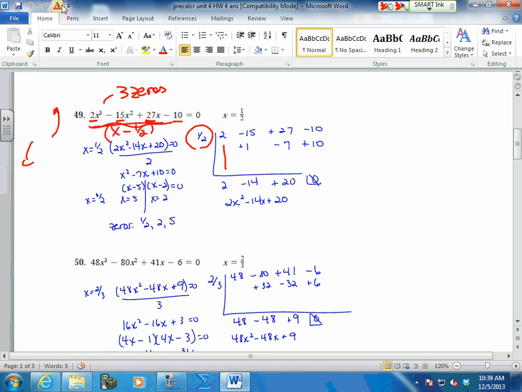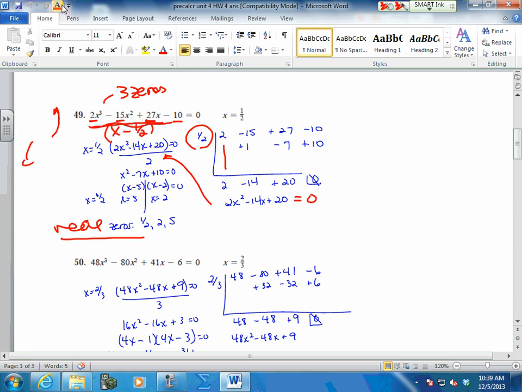If I divided by that, and actually it was probably 2x minus 1, but we can leave it like that. If I divided by that, there's the x that I'm taking away. So I'm left with this, and I see if I can factor this. So I come over, set this to 0, divide by 2, make your life easy, and factor it. And here are all your real zeros.